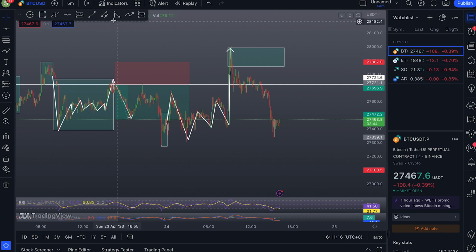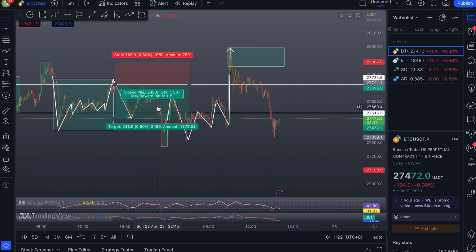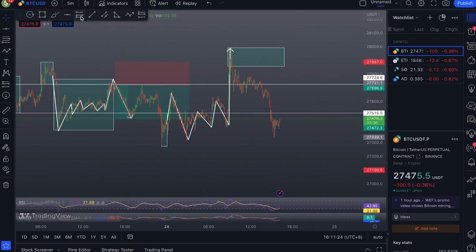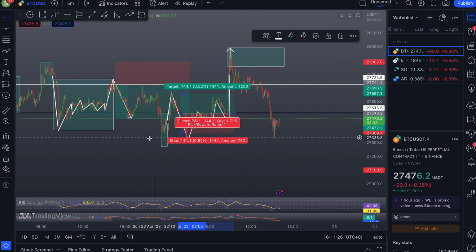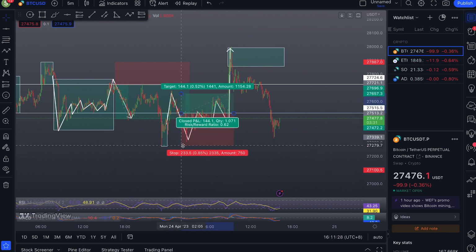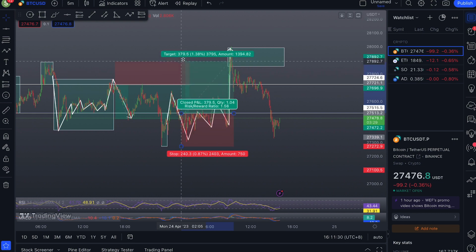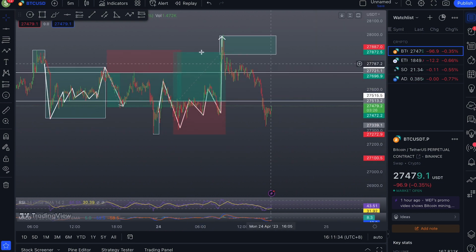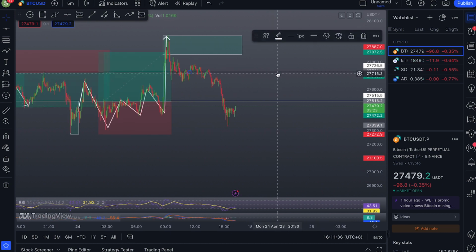So now from here, I would mark this down. My entry point would have been here, so I'd enter a long right here when price came back to test. Stop loss right there. Now 1.5 would be somewhere here. There, it got hit, so I did make money in that specific trade.